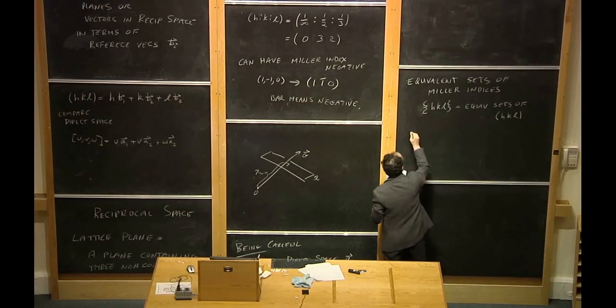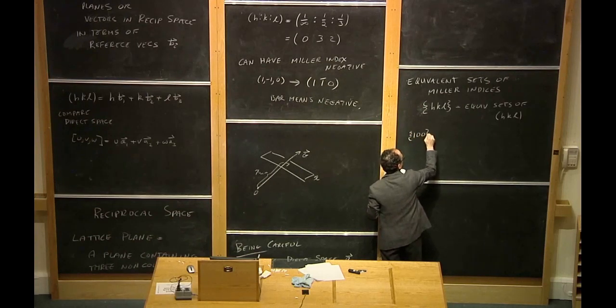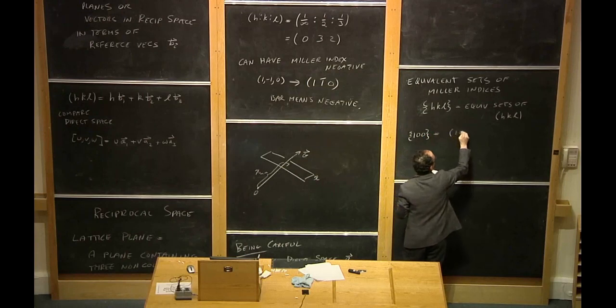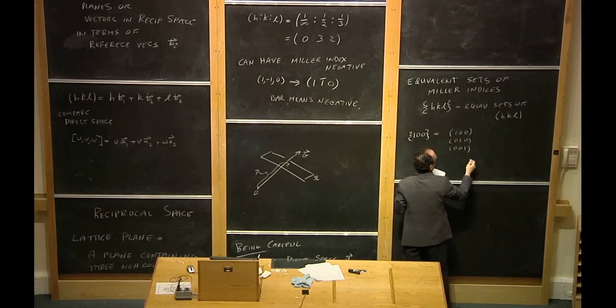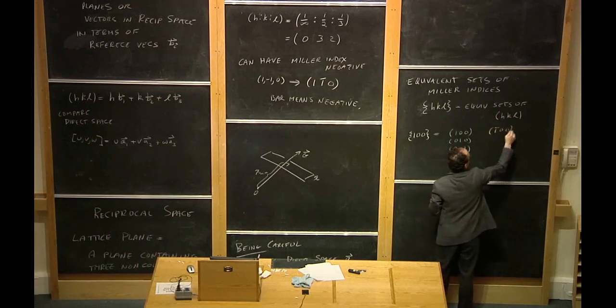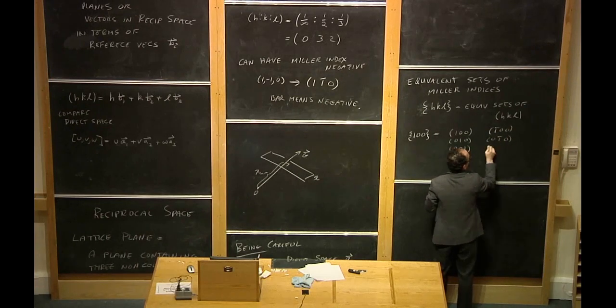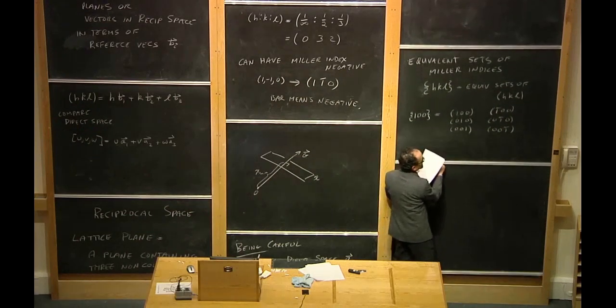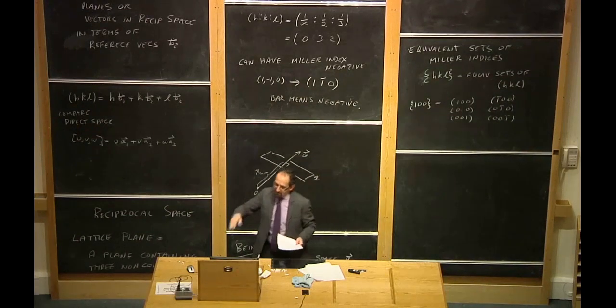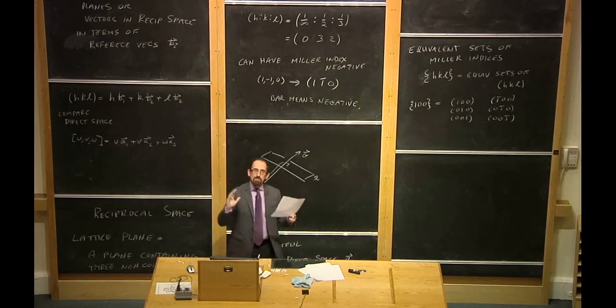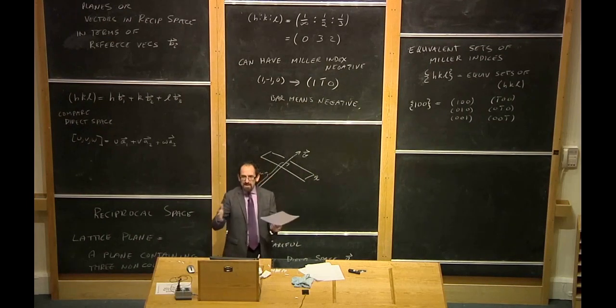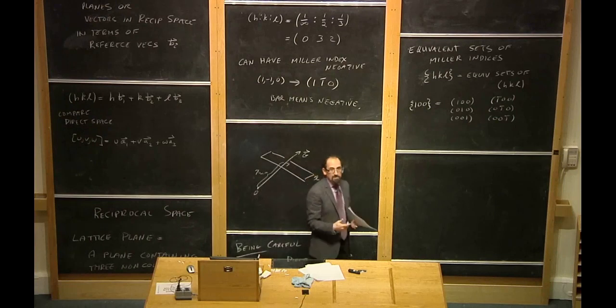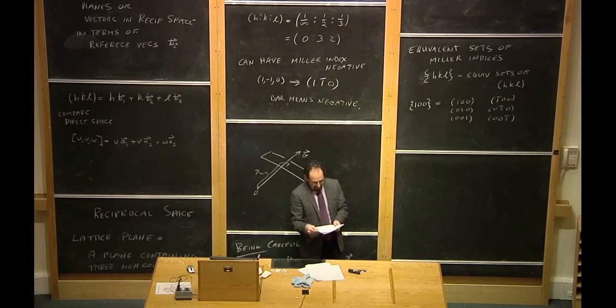So for example, in this picture, curly brackets 1, 0, 0 would mean 1, 0, 0 or 0, 1, 0 or 0, 0, 1 or 1 bar 0, 0 or 0, 1 bar 0 or 0, 0, 1 bar. Not coincidentally, these planes look like the surface of a cube, and you can pick up the surface of a cube and look at it 6 different ways, and it would look equivalent from all of those 6 different angles.